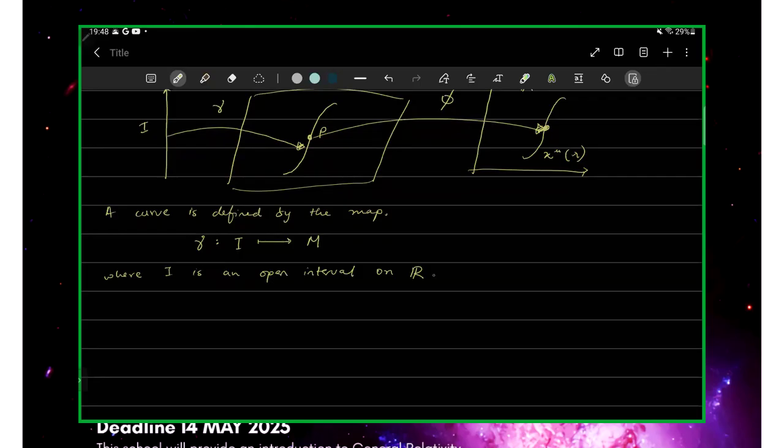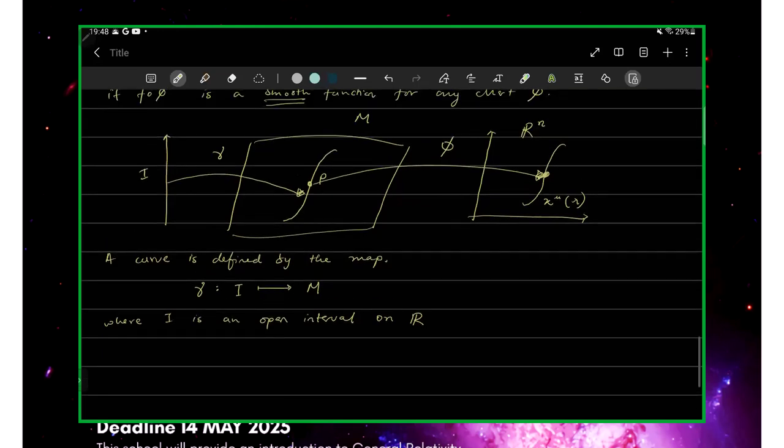Now, this map has to be parameterized in some way. If I have a curve like this, just imagine that you are moving along some curve on a manifold. Of course, you have to be parameterized by something, or else what would essentially define your movement from point to point on M?